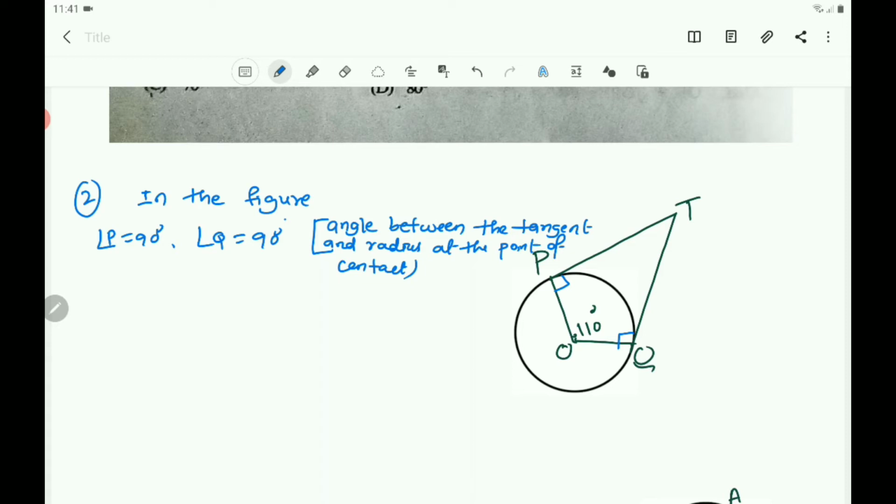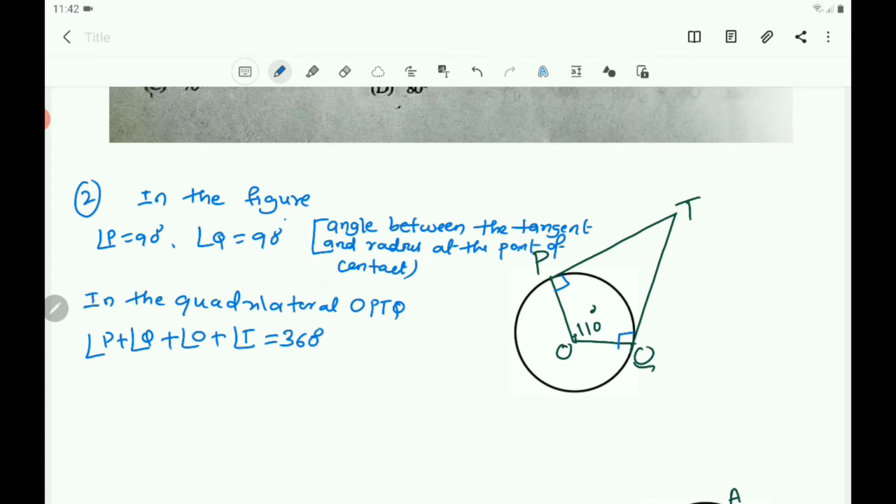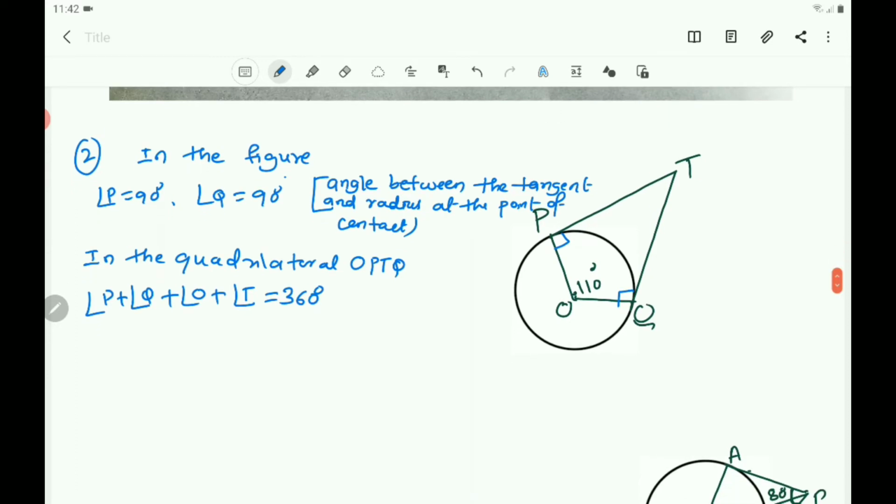Then you take the quadrilateral OPTQ. So you know, angle P plus angle Q plus angle O plus angle T must be equal to what? 360 degree. Sum of four angles of the quadrilateral is always equal to 360 degree.